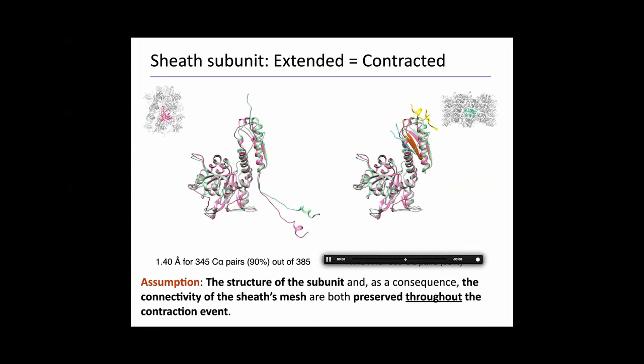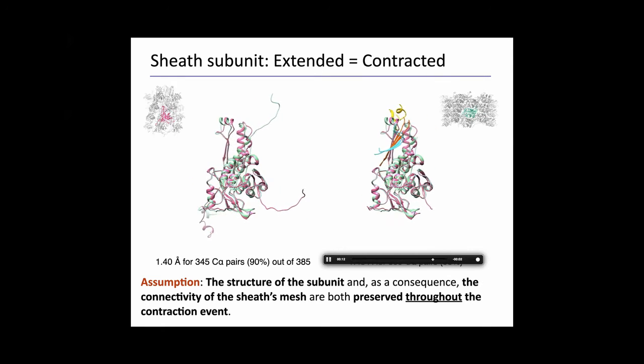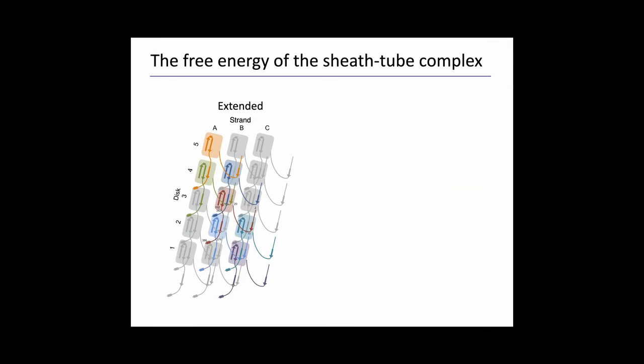So if we are able to describe this, and experiments support what we have here, that means that our assumption is correct. Now, how do we describe the free energy? We're looking at this complicated connectivity, but again we have this intra- and inter-strand connectivity between the inner domains. The outer domain is not shown for clarity.